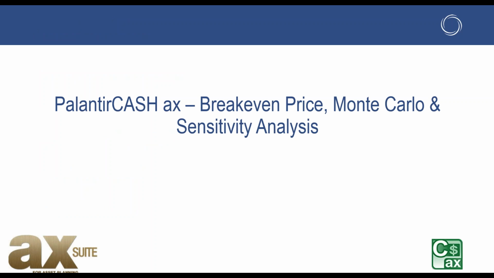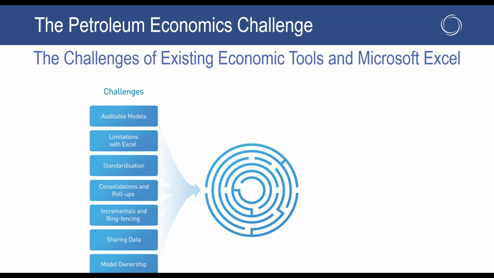So this is where our application PalantirCASH AX comes in. As I mentioned, along with all of the types of analysis that we're trying to do at the asset level, trying to do that within some of the existing economics tools, and in particular Excel, can be very challenging. A lot of the main reasons for that are listed on the left-hand side of this slide. So models that are not standardized, and so trying to assess the variables within the models is difficult.